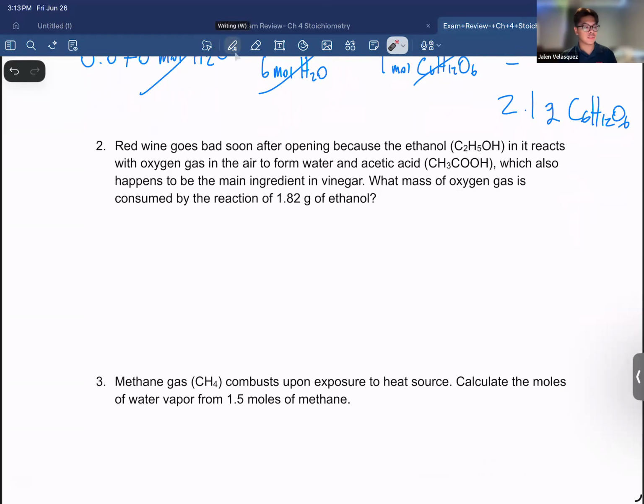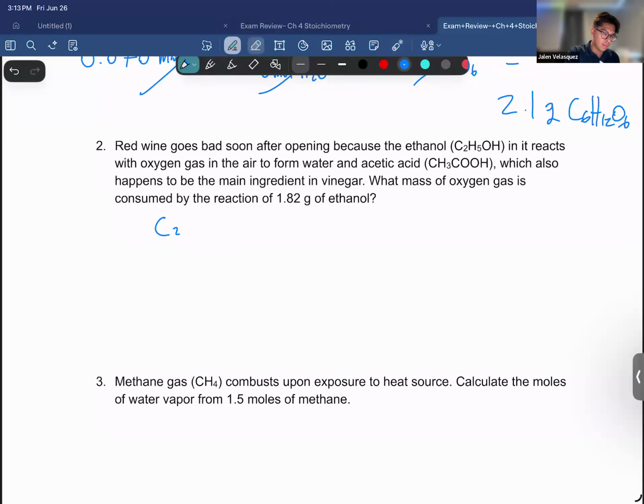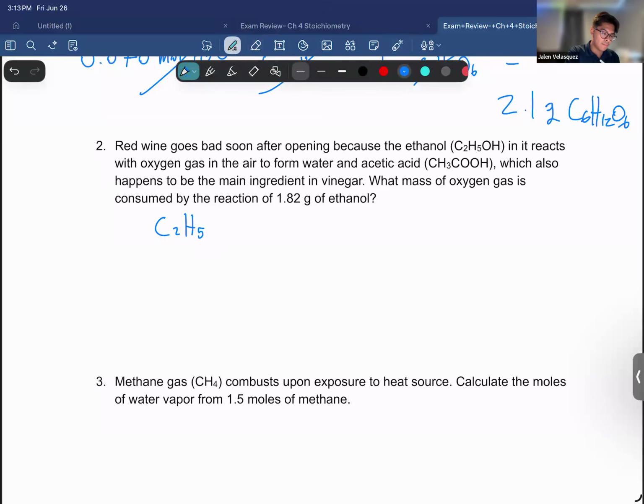So again, here we first need a balanced equation, right? So we have ethanol, C2H5OH, and it's reacting with oxygen gas, right? And we know that we write oxygen gas as O2 because oxygen is one of the diatomic elements, right?